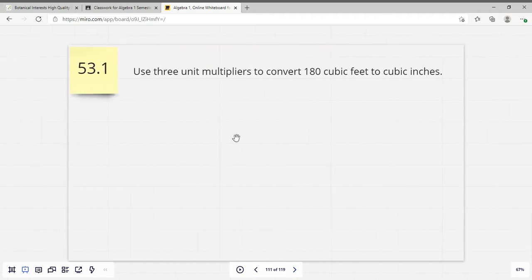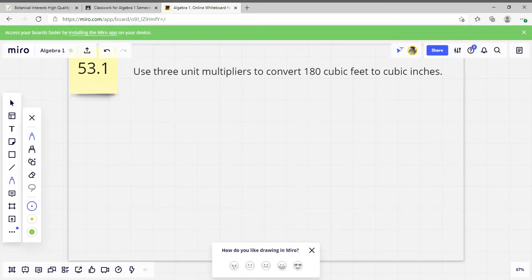Next part. Use 3 unit multipliers to convert 180 cubic feet to cubic inches. First we need to know what our unit converter is, and it is 12 inches equals 1 foot. We need 3 multipliers because we have cubic feet, and cubic means like x to the 3rd.